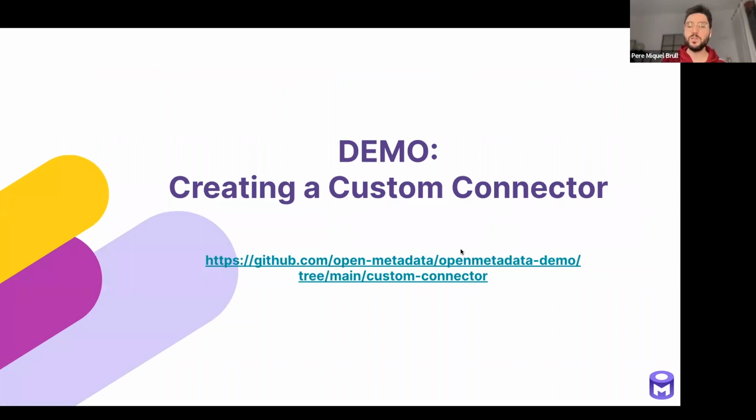If you want to follow this along, either now with me or at your own pace, whenever you want, we have all of this code that I'm going to show you in this OpenMetadata demo repo. We not only have this, we have some demos on how to play with custom lineage files.